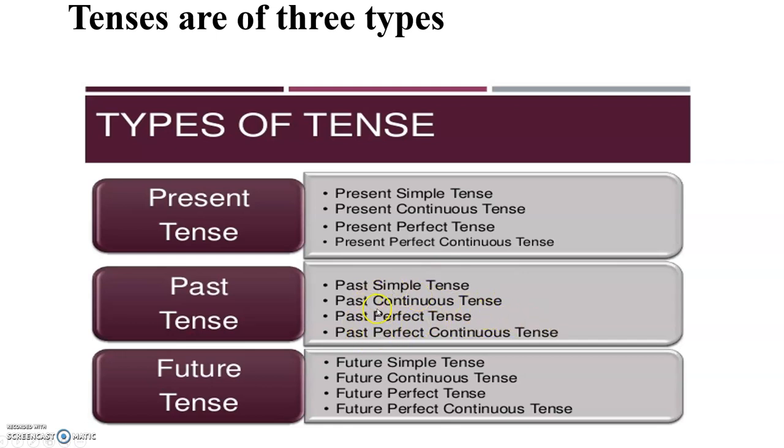Now, I told you continuous is even known as progressive. What is another word for continuous? Progressive tense. Then in the future tense also you have the 4 types: future simple tense, future continuous tense, future perfect tense, and future perfect continuous tense.